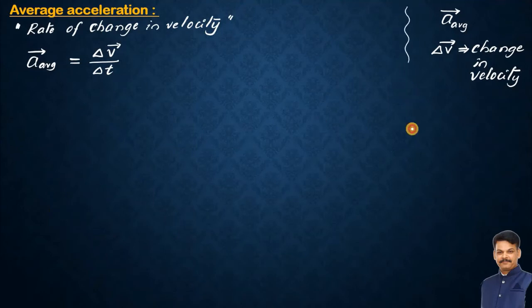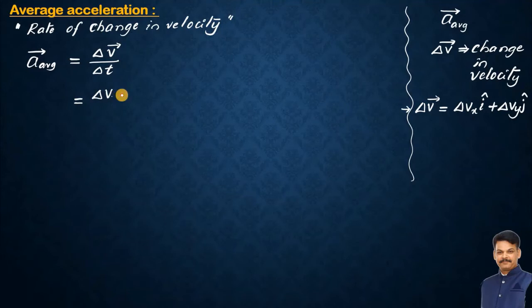But dear students, we already know the equation for delta v in the form of its components. Delta v can be represented by delta vx, the velocity component along the x-axis with its unit vector i cap, plus delta vy with its unit vector j cap. So the equation becomes delta vx i cap plus delta vy j cap, whole divided by delta t.